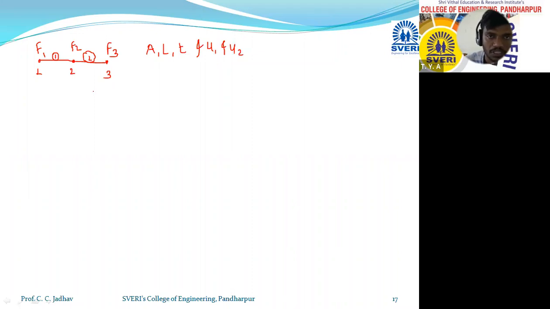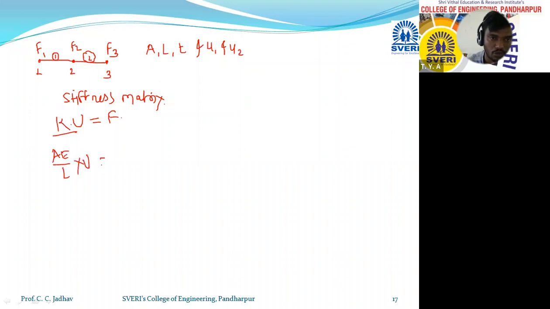Okay, so how do we make the stiffness matrix from the given equation? How to write the stiffness matrix? That is K into U is equal to F. Already we have seen this equation, F is equal to K into U. But K is nothing but AE by L, so AE by L into U is equal to F. Correct?